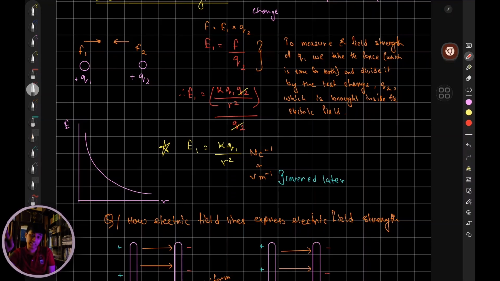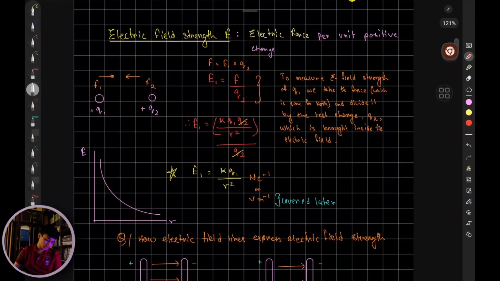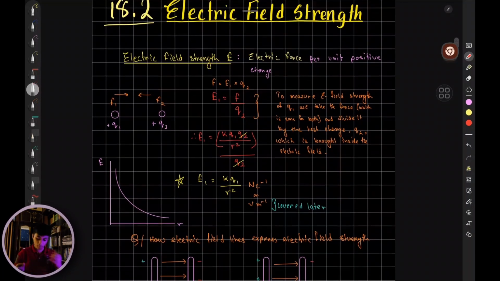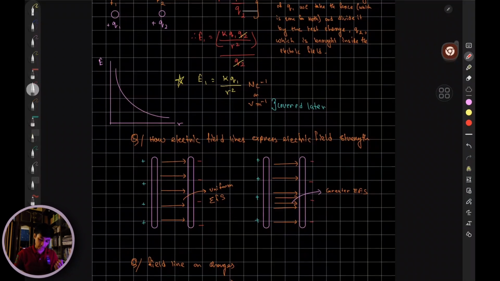After learning electric potential, I'm going to tell you how this unit is derived and why it's useful. For now, you basically write the unit as N per Coulomb. Great. So this is your electric field strength for point charges.